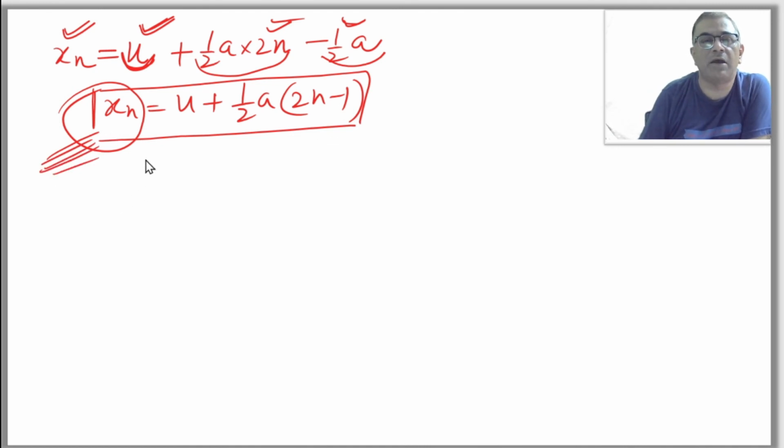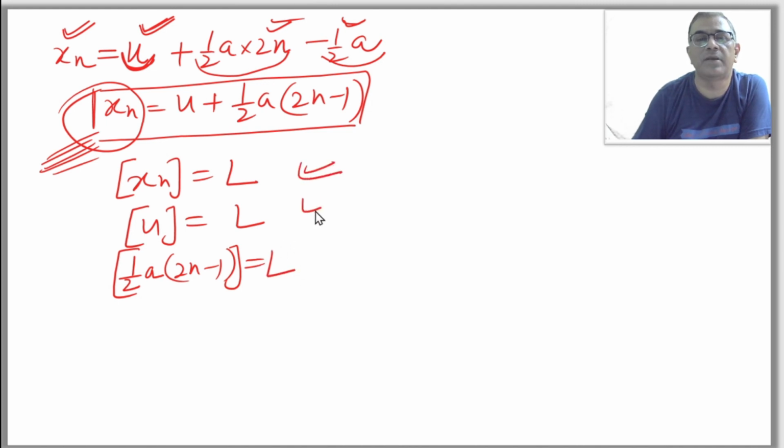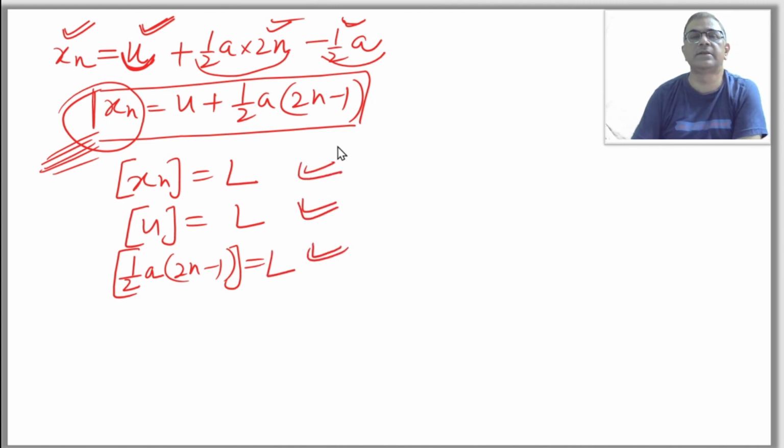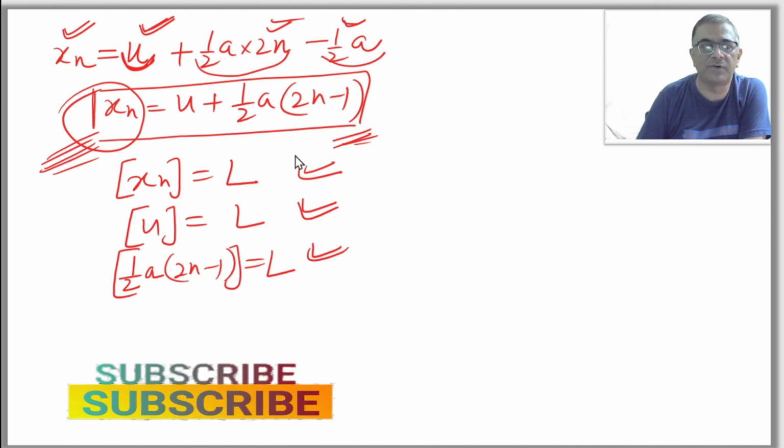Because every single term has the same dimensional formula, equal to L: u, half a into 2n, and half a. The dimensional formula of all three terms is same, equal to L, and hence this formula is dimensionally correct. Is it right? I guess I have given you enough idea how really we should be looking for it.